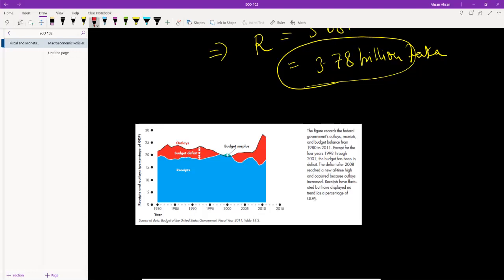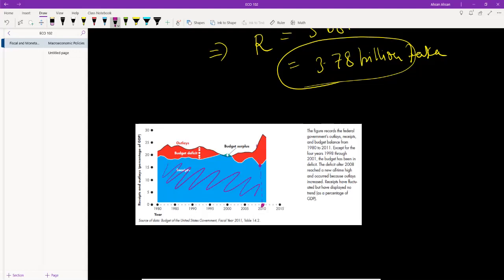Now, what we see here is that this blue area is how much money the government raised, their revenue. And the red area on top shows us by how much in that specific year the outlay exceeded receipts. So for example, if we look at 2010, if we go up, this is how much the revenue for the government was in that year.